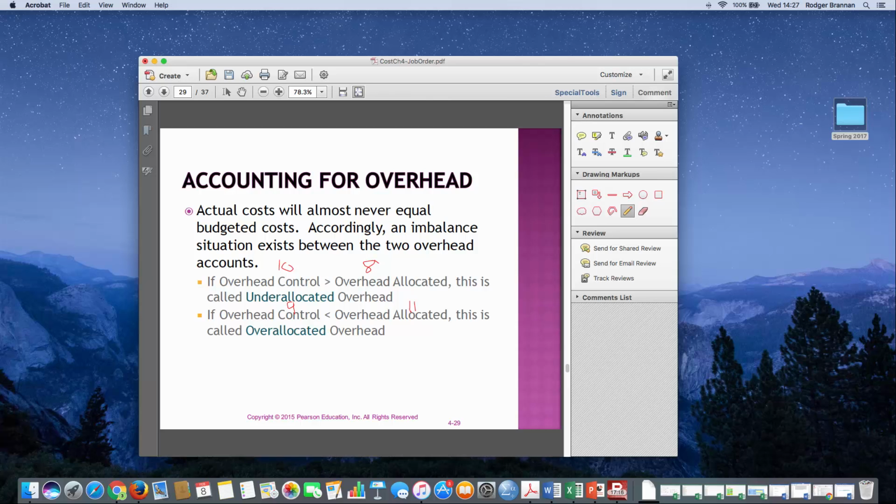So again, remember, I want this always to equal that. That's my first adjustment. So since this is sitting here as a credit balance of 11, it means I need to make a debit entry to my account here, overhead allocated. A $2 debit, $11 credit nets out to 9. So now they're equal. I can close them out. They'll cancel each other out.